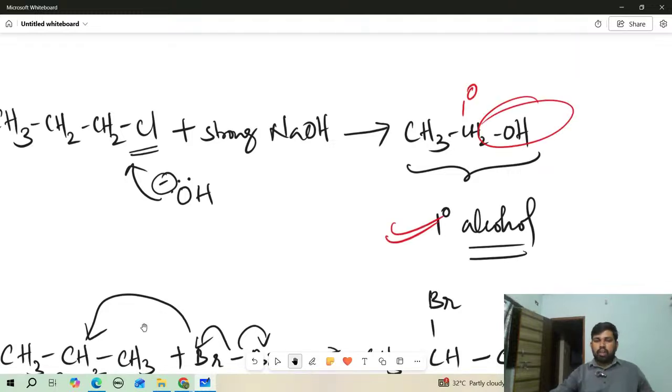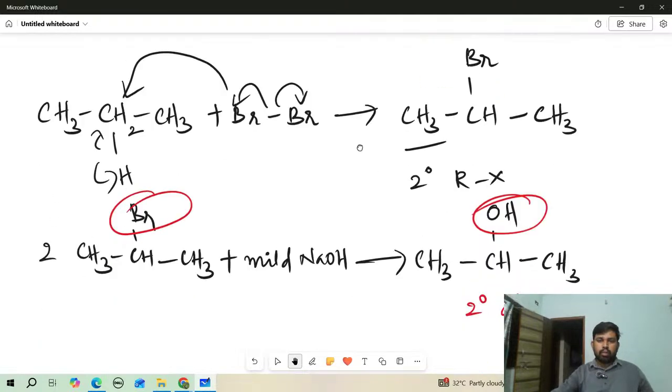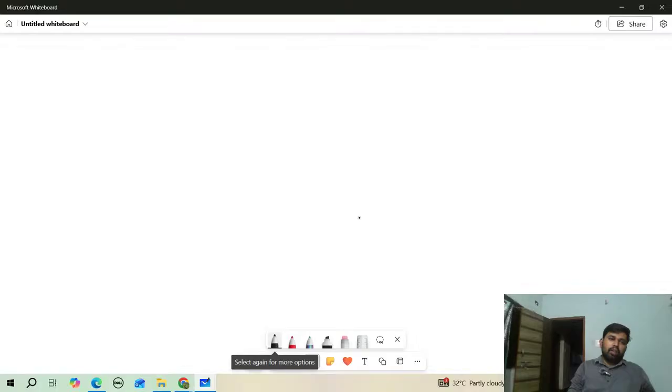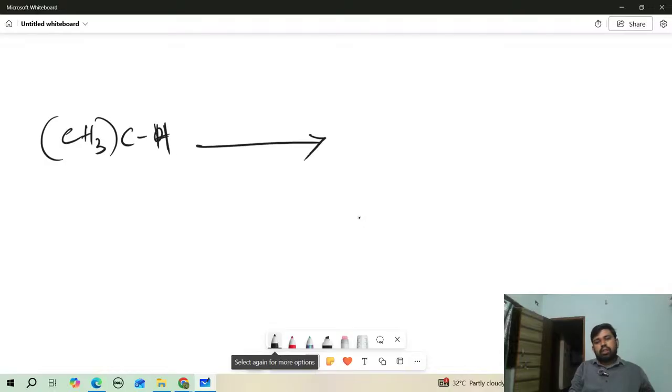Now come to the tertiary alcohol. How can we prepare it? Think like we have (CH3)3CH. The tertiary hydrogen is easily replaceable because three alkyl groups are there, so we use an oxidizing agent like KMnO4.